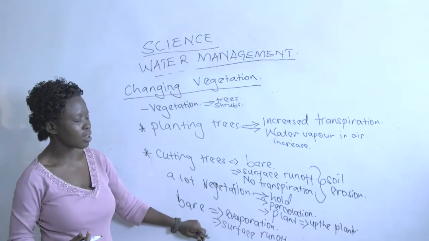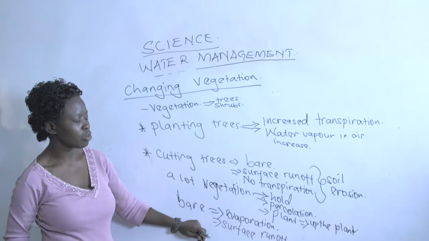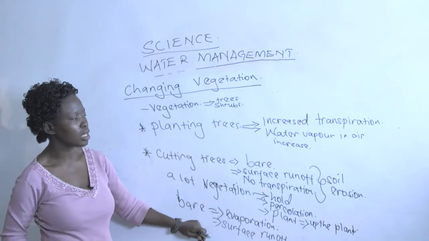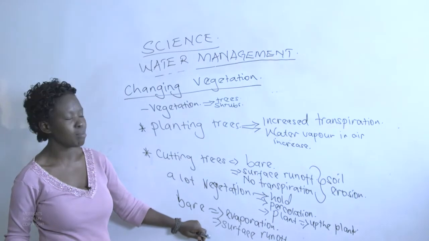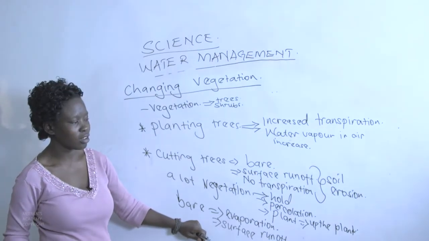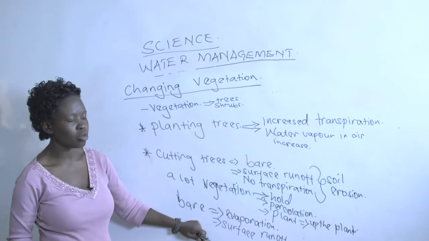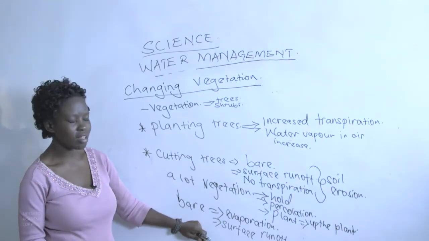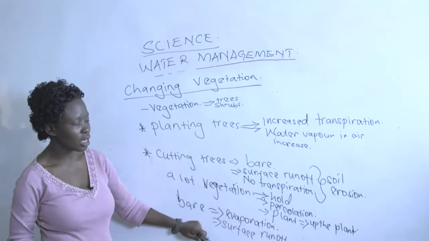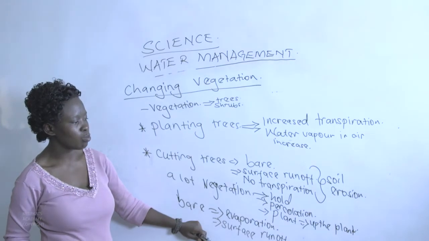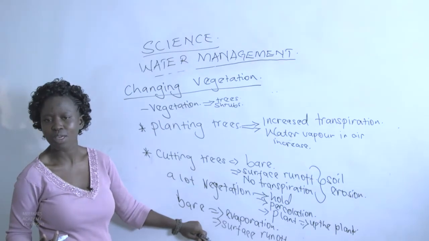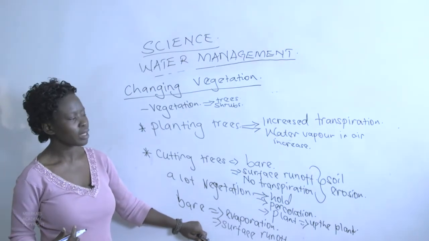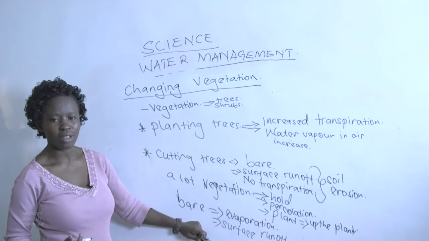If the change you are bringing about will improve the availability of water in that region, then it is good to carry it out. But if we discover that the activity is going to be much more disastrous compared to whatever was initially existing in that region, then it is advisable to leave it.